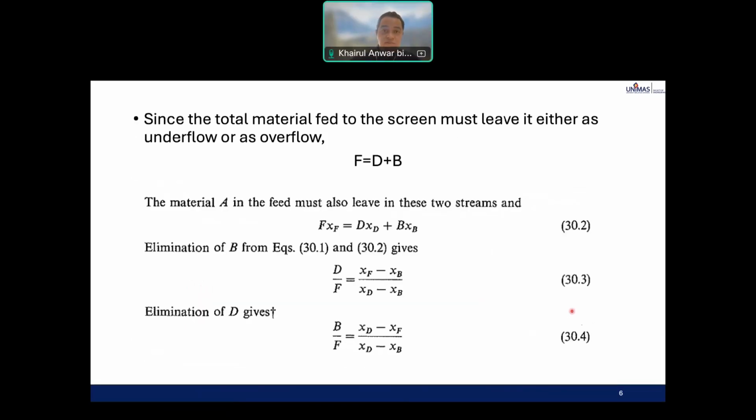Since the total material fed to the screen must leave it as underflow or as overflow.